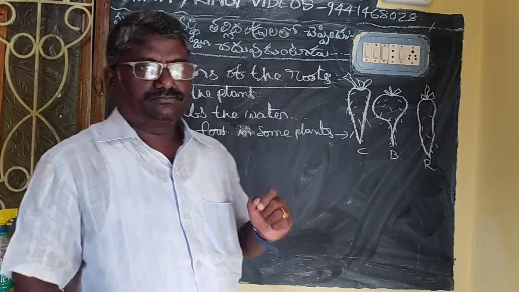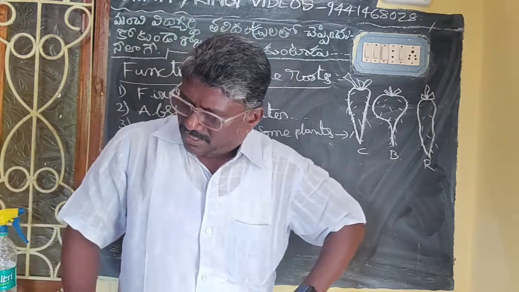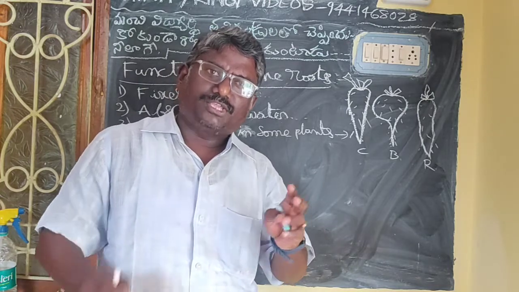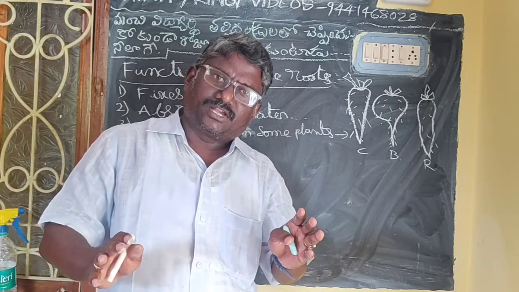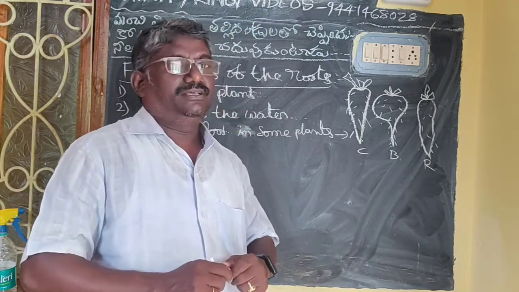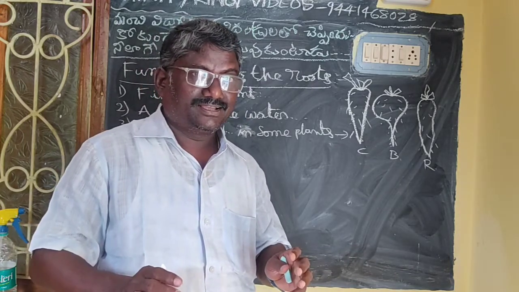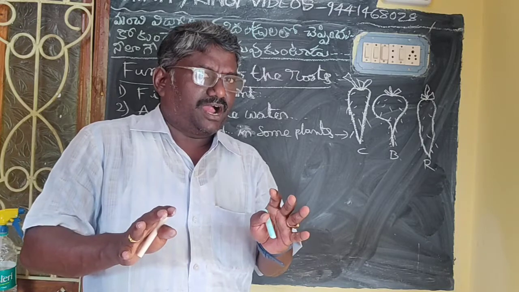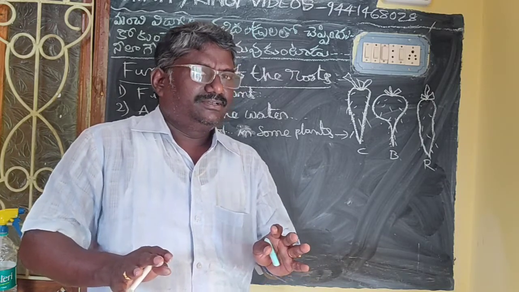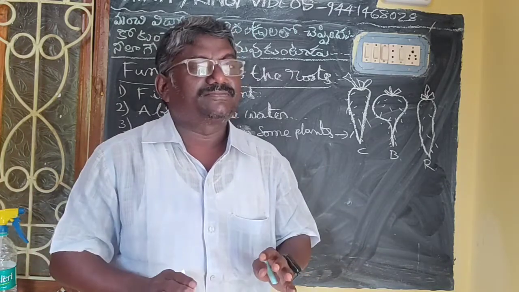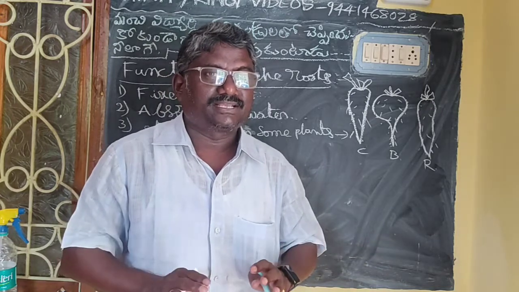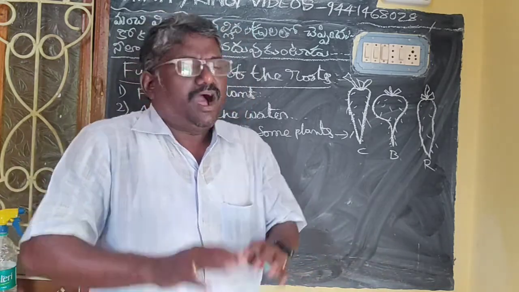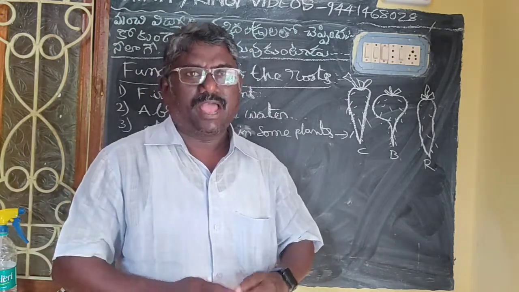Do you think all the roots are fixed in the ground? Do you know, all the roots are fixed underground? But some plants have the roots above the ground also.